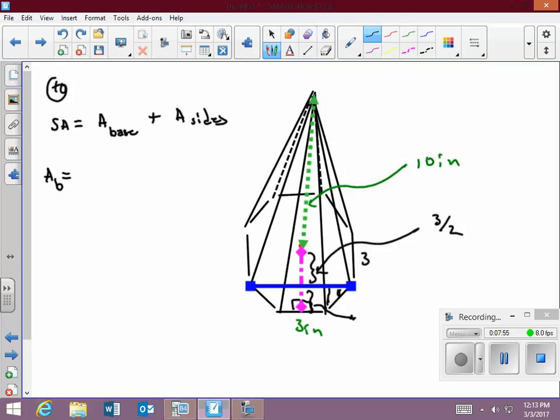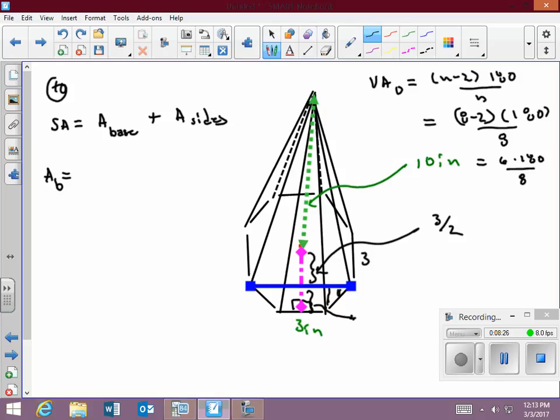So the vertex angle of the octagon, the general formula is (n minus 2) times 180 over n. So it's (8 minus 2) times 180 over 8. That's 6 times 180 over 8.